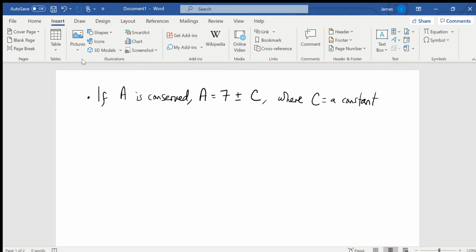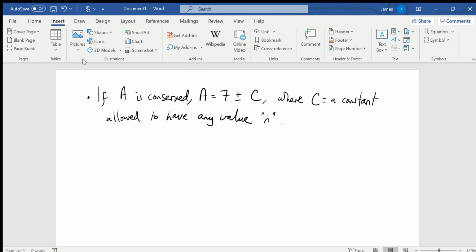Okay. And the constant is allowed to have any value n. Okay.